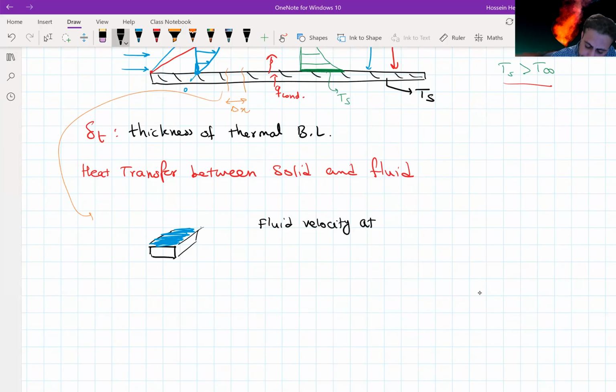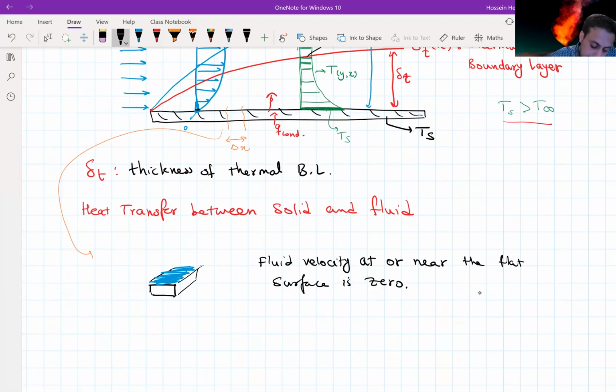Velocity at the surface is zero. Since the velocity is zero, I can assume the heat transfer in the fluid just close to the solid surface, or at the solid surface, is only conduction. This is the no slip condition.